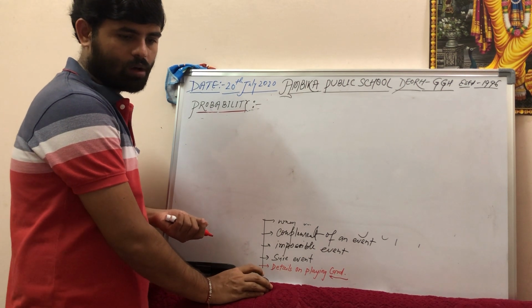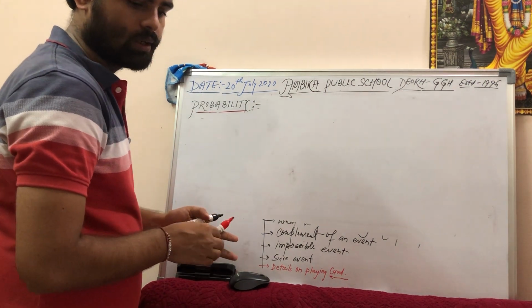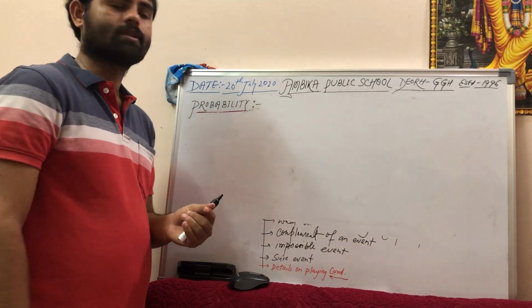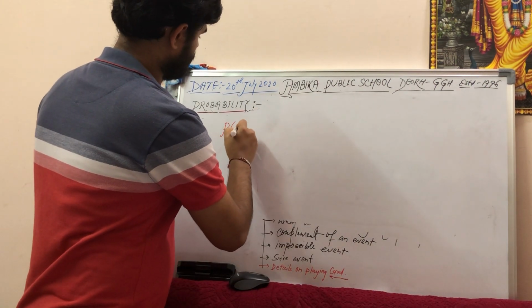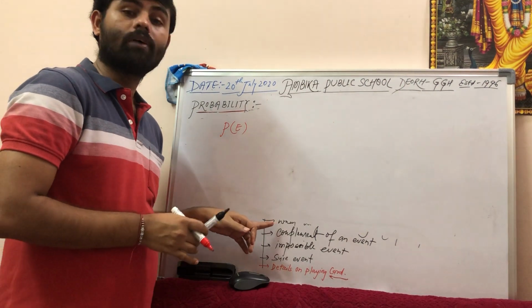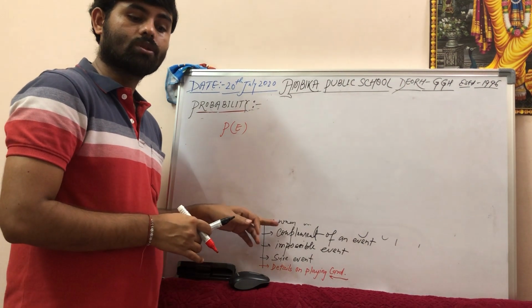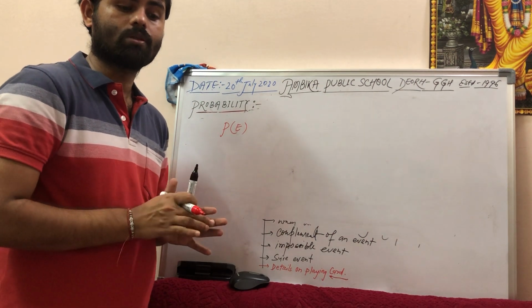Fine. So now, as I have said previously, the theoretical probability has a formula, right? Probability of an event in the theoretical probability. I have explained clearly, everything depends only on the outcomes.